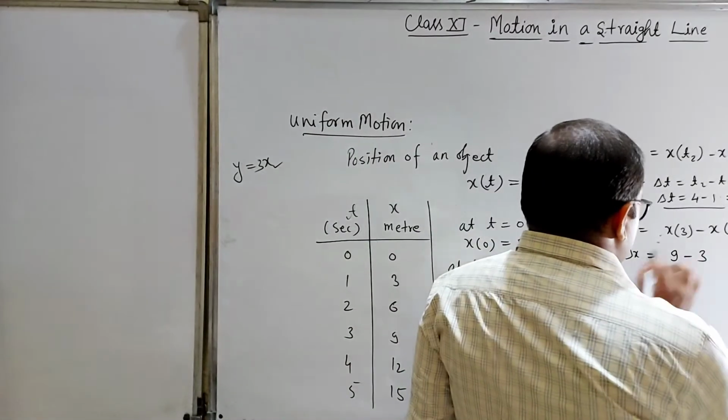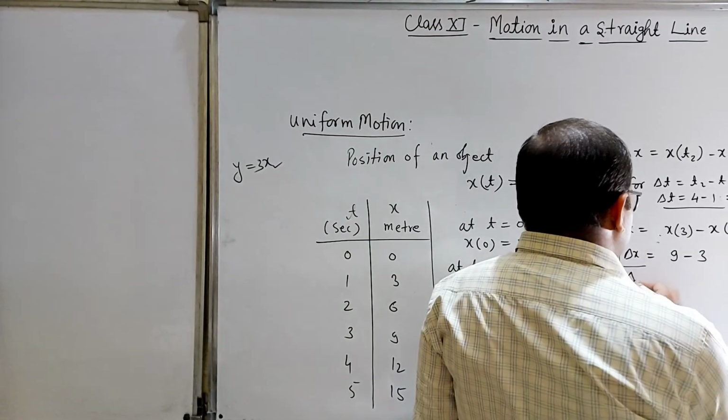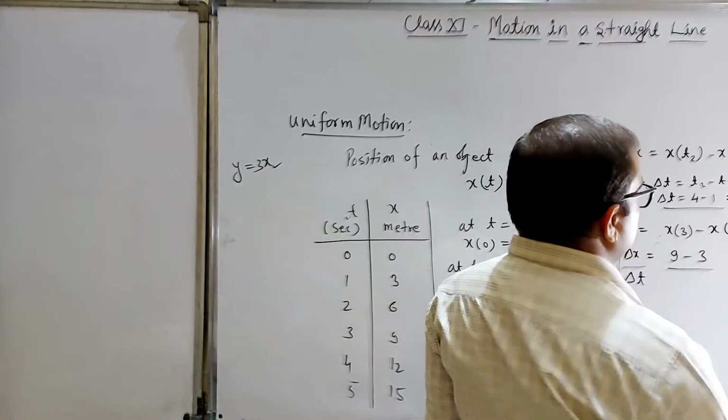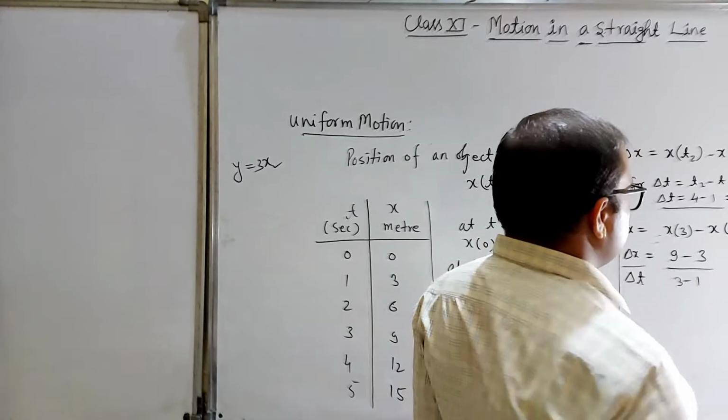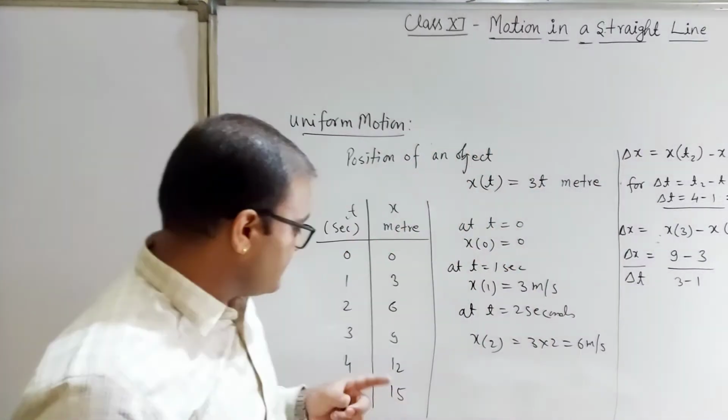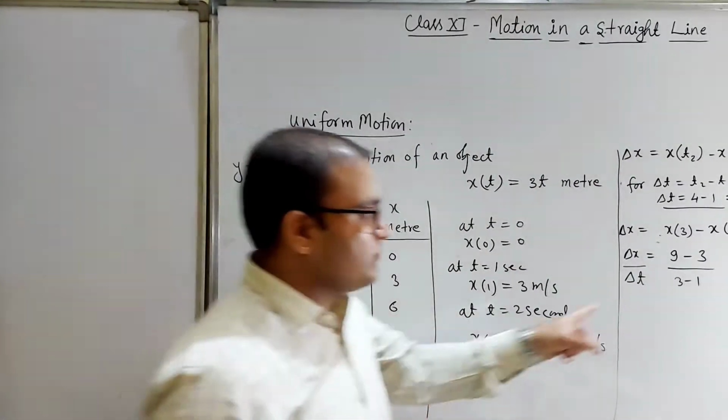Delta x is this, and if I divide it by delta t, I am checking between time intervals 3 and 1, so t2 minus t1.